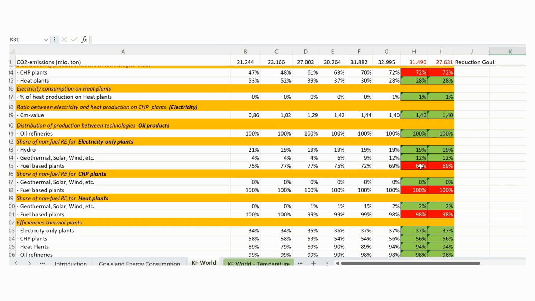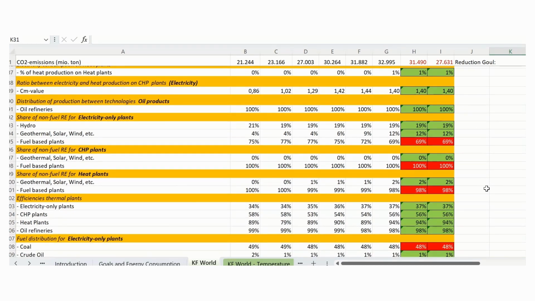And how much should be produced on fuel-based plants here? When you've done that, you do the same here for CSP plants and for heat plants. There's no CSP plants running on hydro, and there's no heat-only plants running on hydro, so you need not fill in for hydro here.